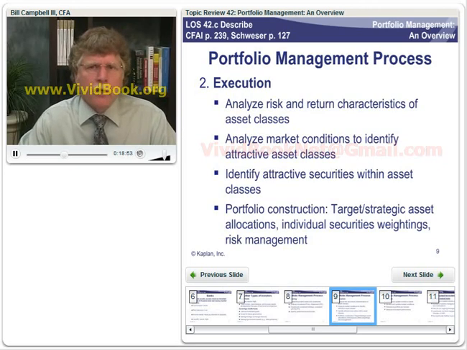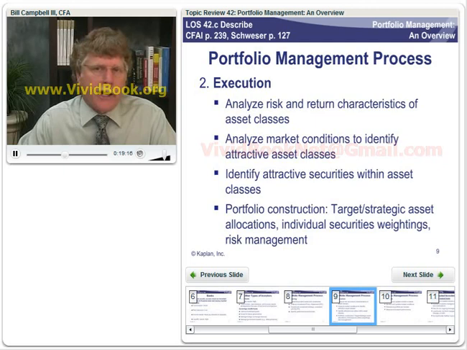Once we know the risk and return characteristics of these asset classes, then we'll start looking at market conditions. So is the market more favorable toward equities at this point in time? Or are market conditions more conducive to investing in fixed income? So you can see that we're sort of taking a top-down approach.